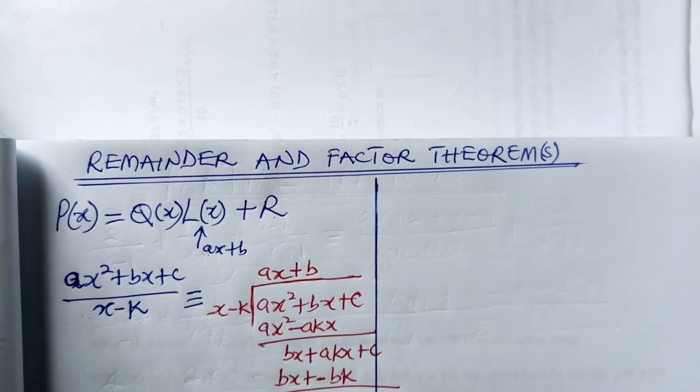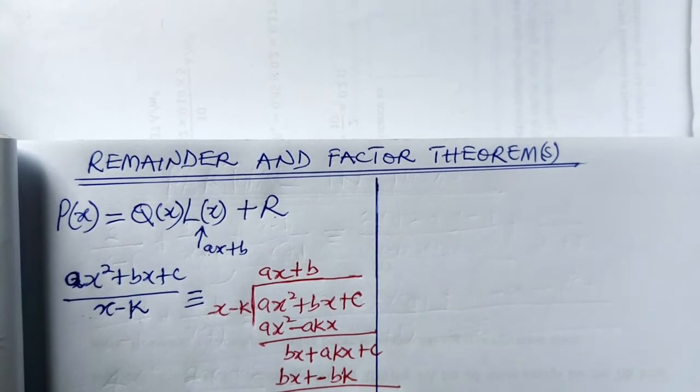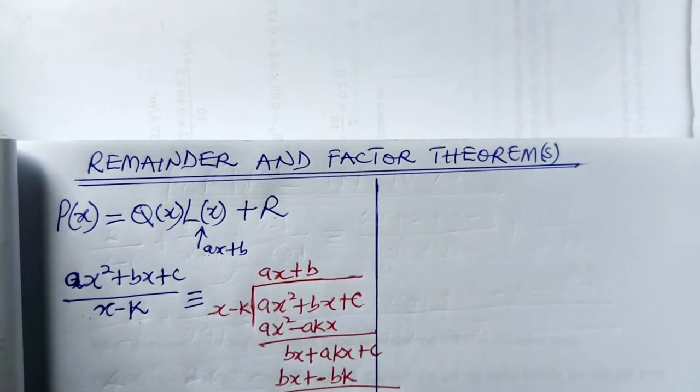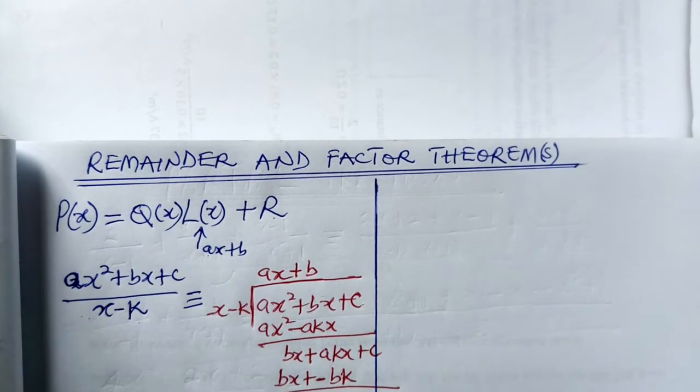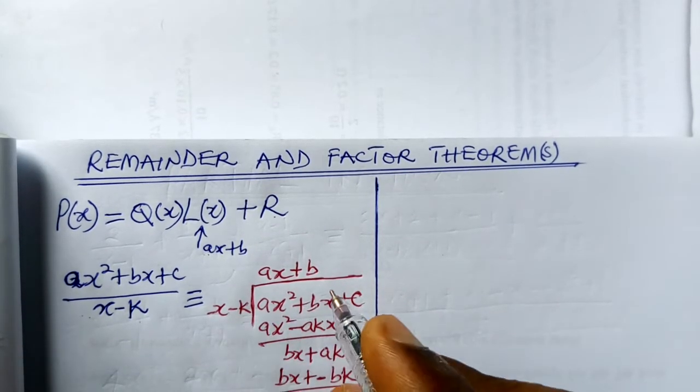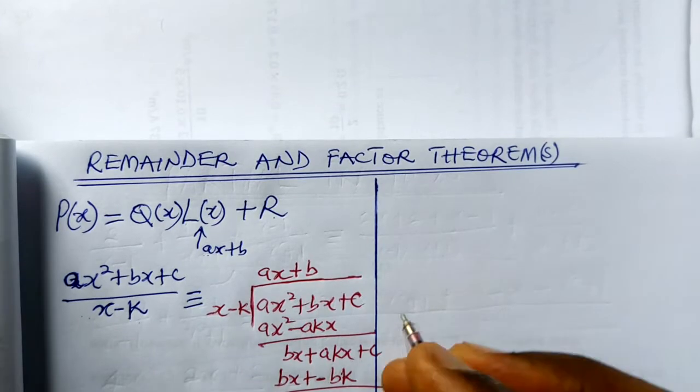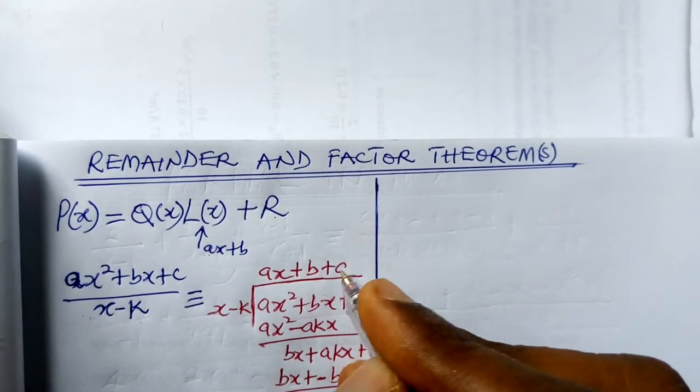This minus this will give us akx plus bx, if you like, plus c. That's what it will give us, plus bk plus c. The next thing that will go is plus ak.